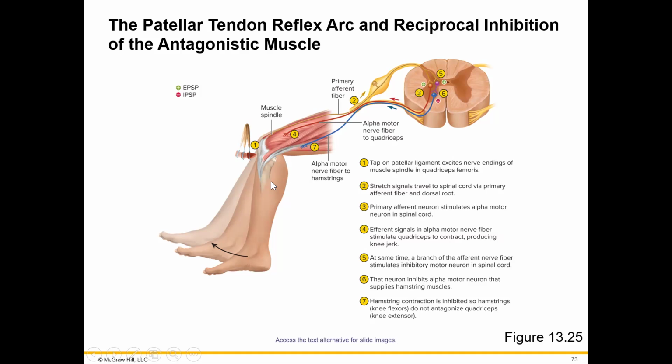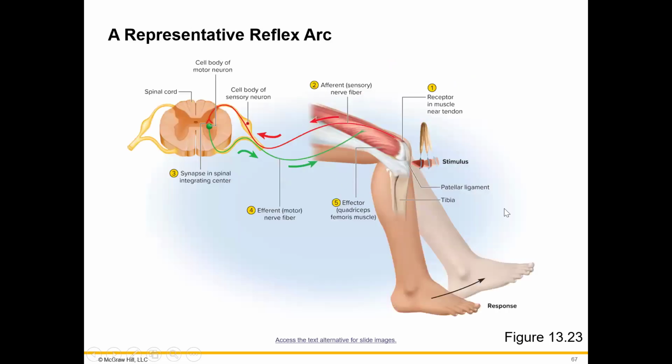The hamstring contraction is inhibited, so the hamstrings, the knee flexors, do not antagonize the quadriceps from extending. So this very simple knee-jerk reflex is showing you what is being activated.